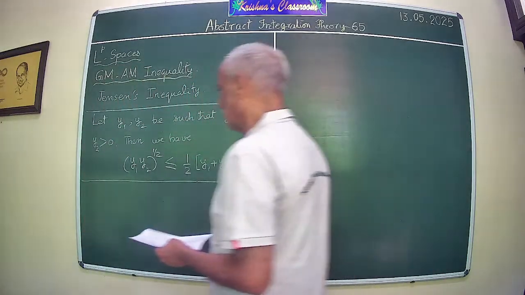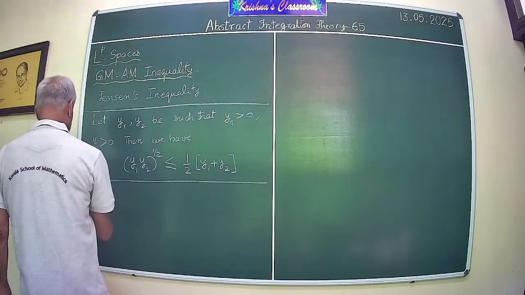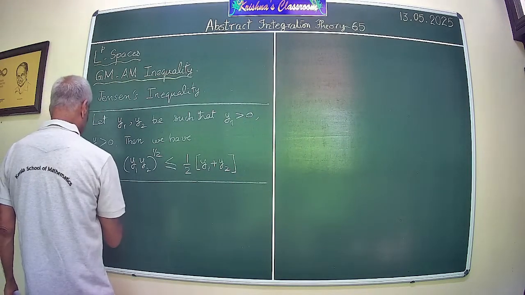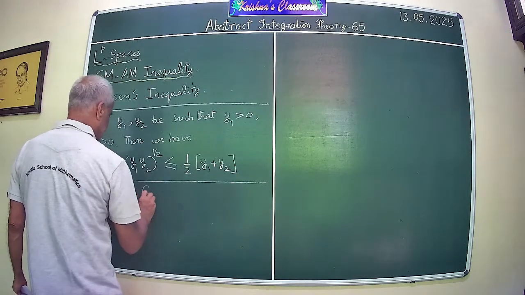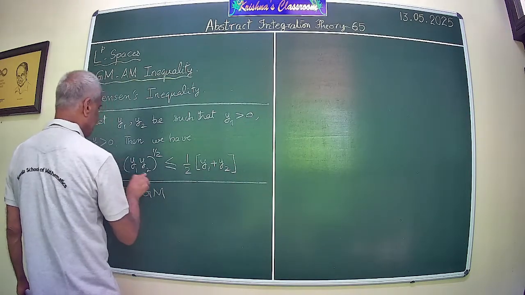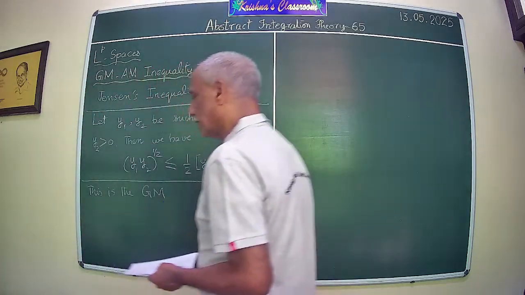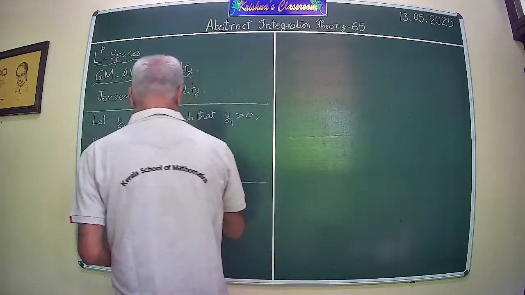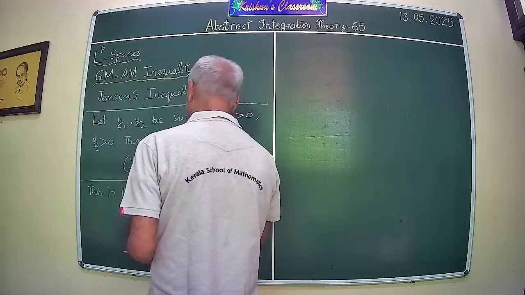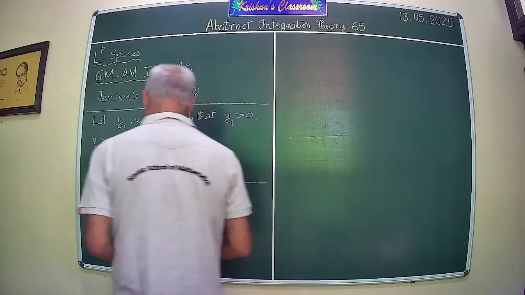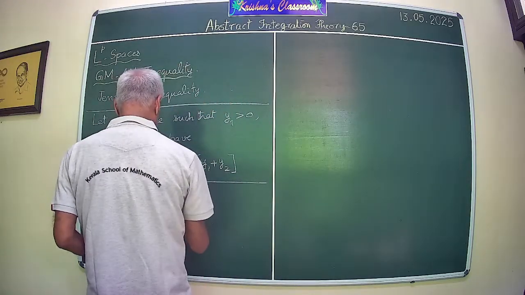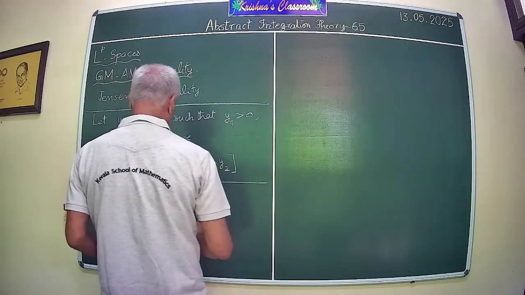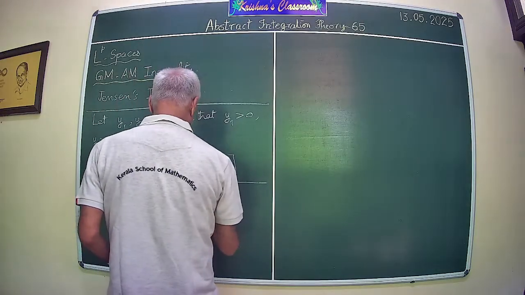This is the geometric mean of y1 and y2, and on the right hand side you have the arithmetic mean.